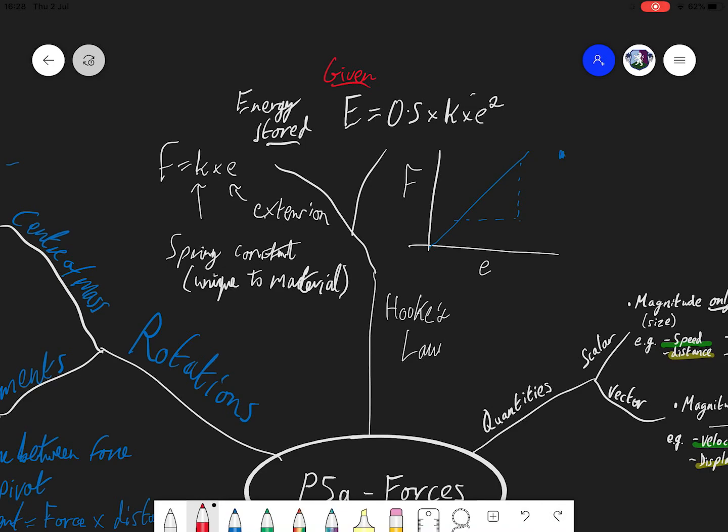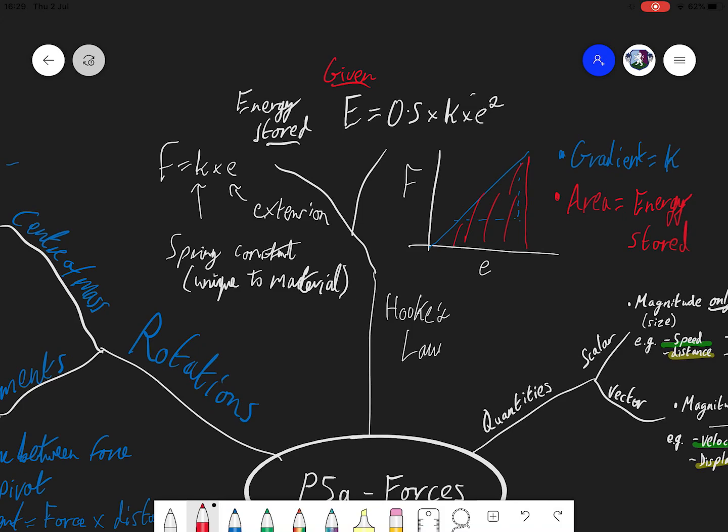So if you measure the gradient, change in y over change in x, your gradient will equal k. So it's a way of proving the identity of the material you're using, or to help identify it maybe from a table of data. However, if you instead measure the area under this line, that will give you your value for energy.